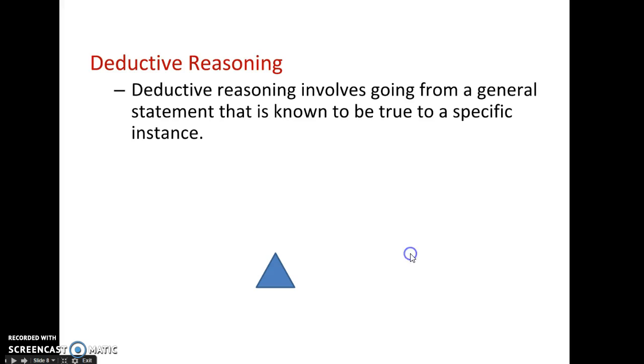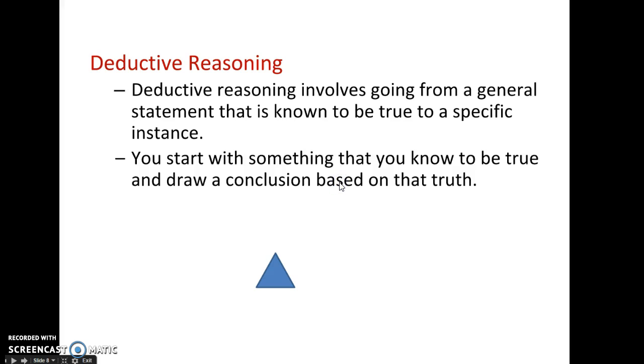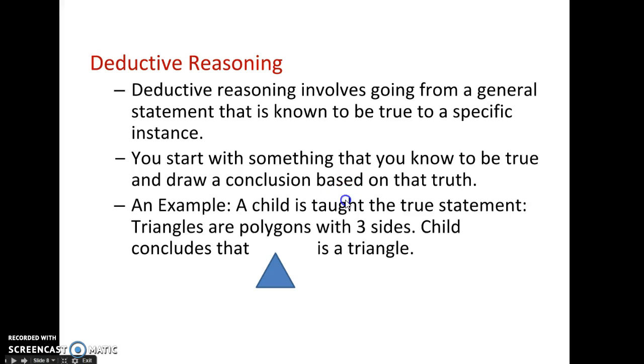So deductive reasoning involves going from a general statement to a specific instance. So it's the other direction from inductive. You start with something that you know to be true, and you draw a conclusion based on that truth. So here's an example. A child is taught a true statement: triangles are polygons with 3 sides.